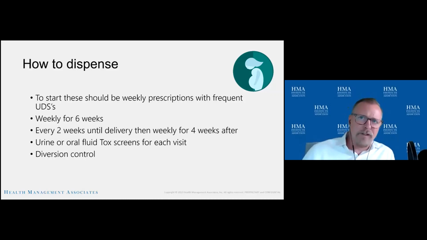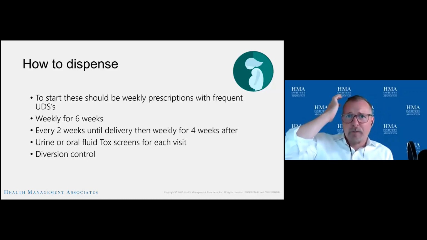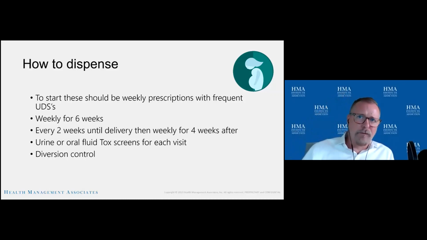And then we identified that once we started treating their significant others, or basically the household in which they live, we saw a significant decrease in diversion. And then the mother to be was actually more therapeutic on their dose because they weren't having to share it with a family of 4 who also had an opioid use disorder. And so family-based approaches, or household-based approaches to this, can be really, really helpful.